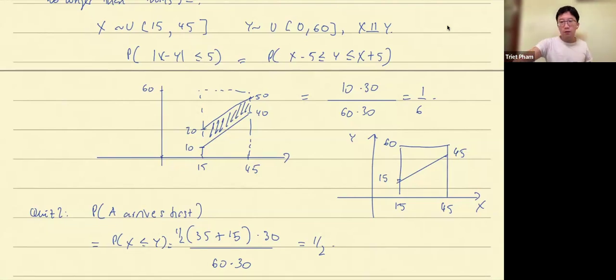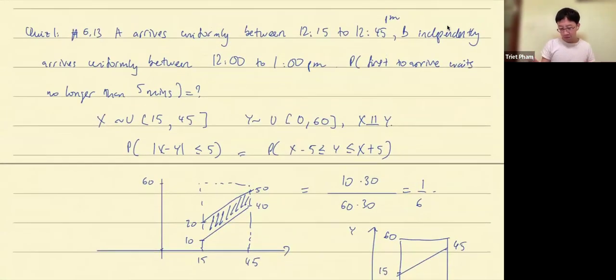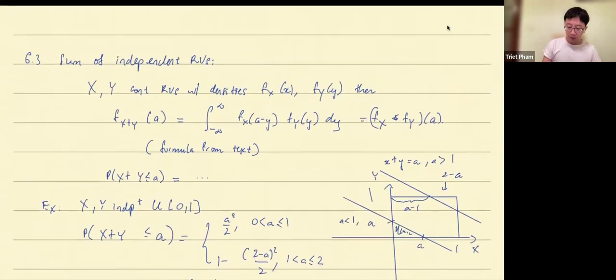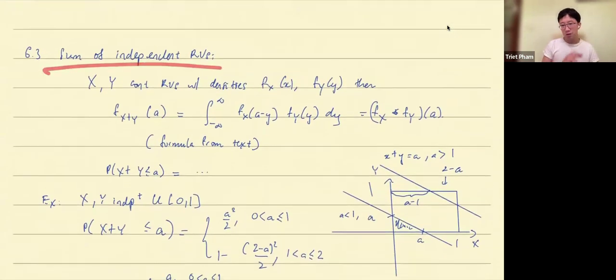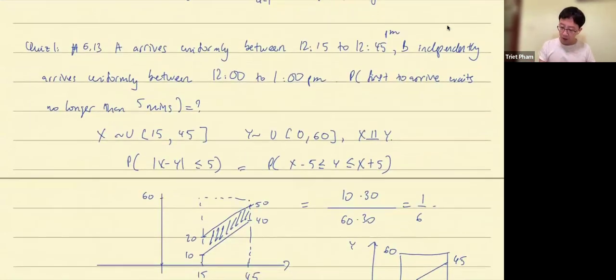This is also to point out that this question, even though it doesn't ask for it explicitly, falls in the topic of sums of independent variables. Why? Here you have x and y independent, and you have x minus y, well, you take the absolute value.